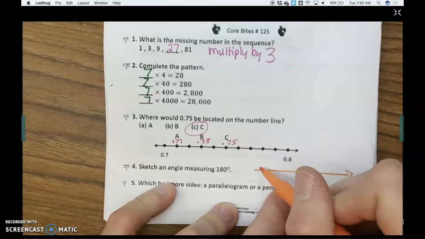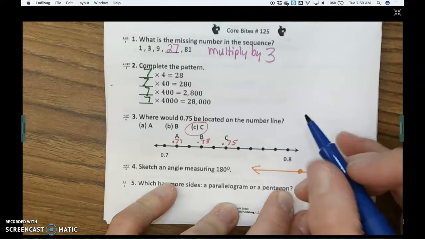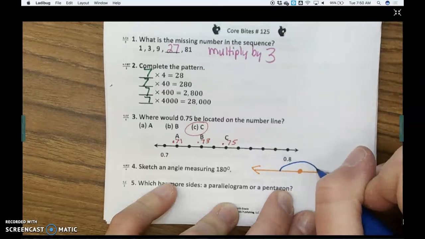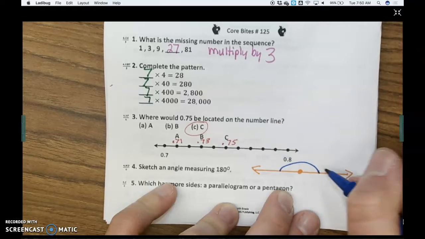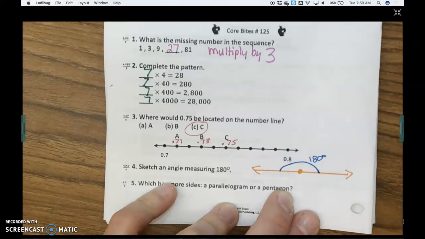So I have going forever and ever as a line. And then 180 degrees means that you would turn all the way around. So that angle measures 180 degrees.